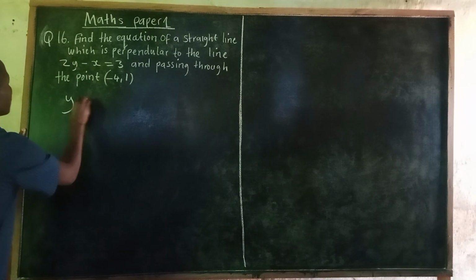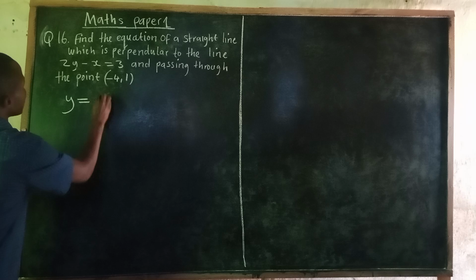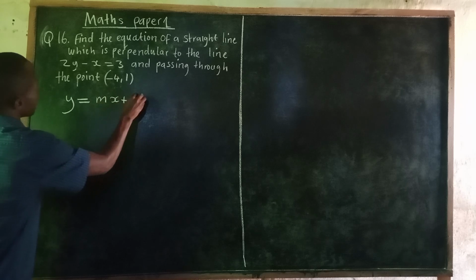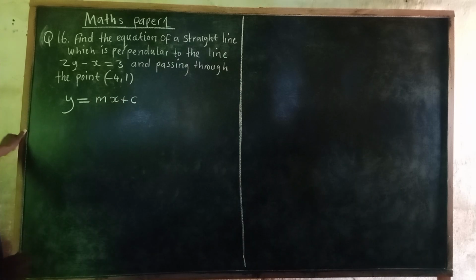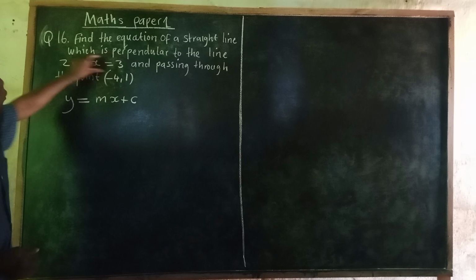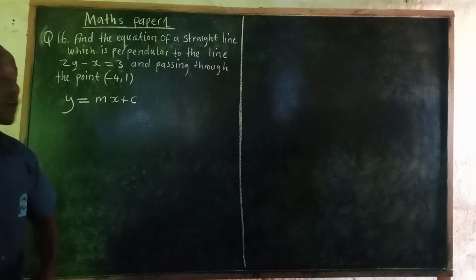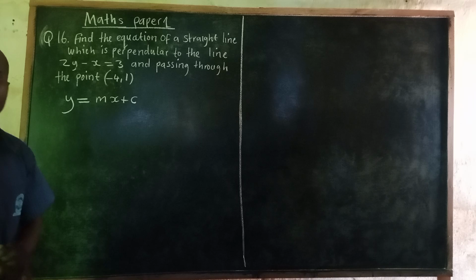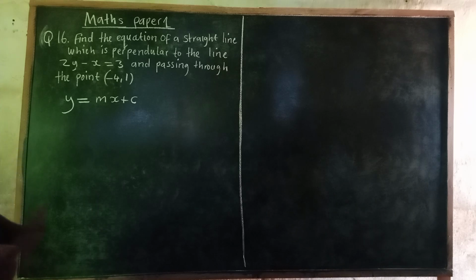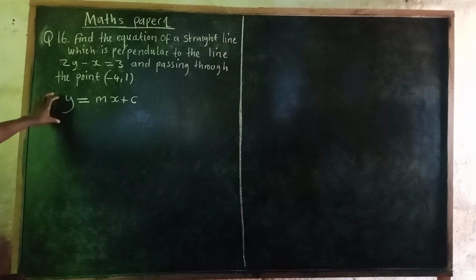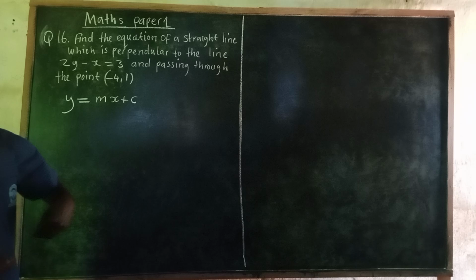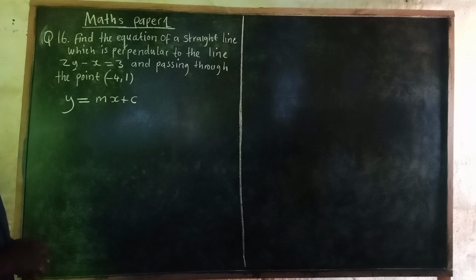The equation of a straight line is y equals mx plus c. So you are going to write this equation in this form, where you make y the subject of the formula, because that is how the equation of a straight line is always written.